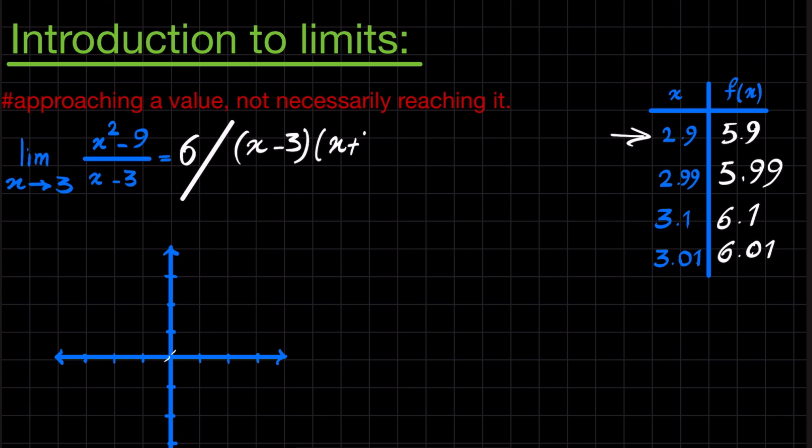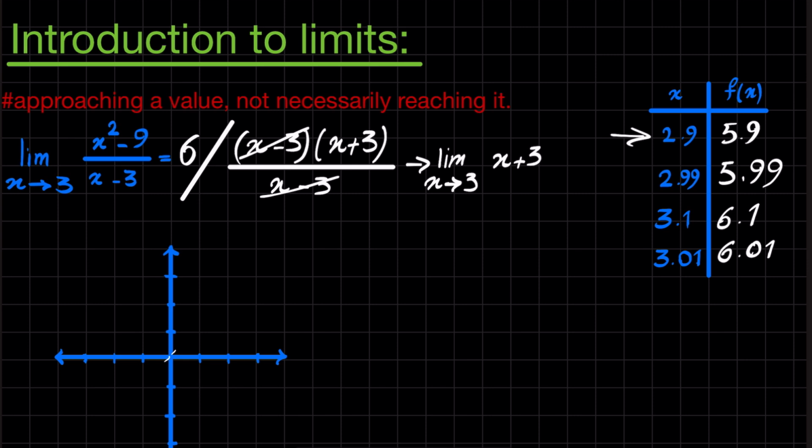And if we FOIL these two together, we're going to see that it's going to be x squared minus 9. And we could cancel these two together. So the limit is going to be x plus 3 as x approaches 3, and the final answer is going to be 6.